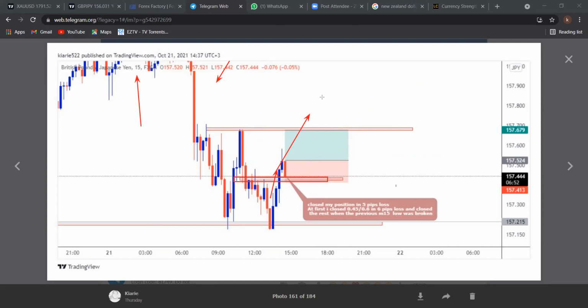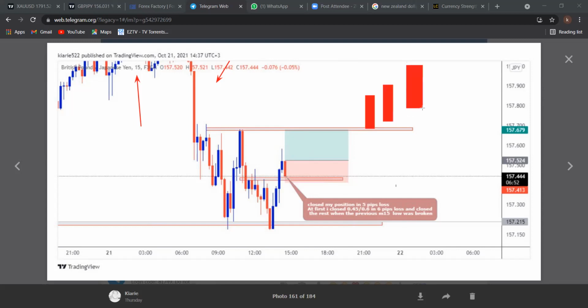So nikachukua hiyo entry ya kwanza na nika close na loss ya nili close partials. Ya kwanza nilipoona price imeanza ku retrace kabisa, nili close 0.4, 3/4 ya trade yangu in 5 pips loss. And then hiyo ingine nili close, since candlesticks in a bullish trend in a form higher highs, higher low.